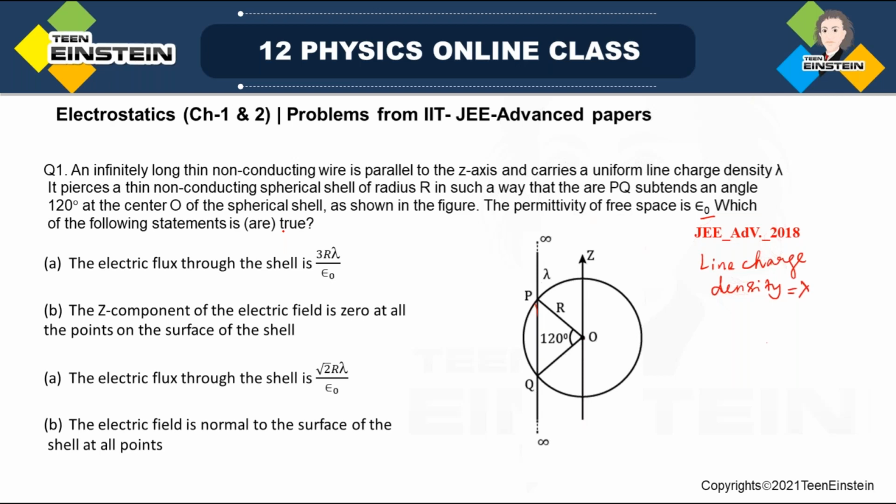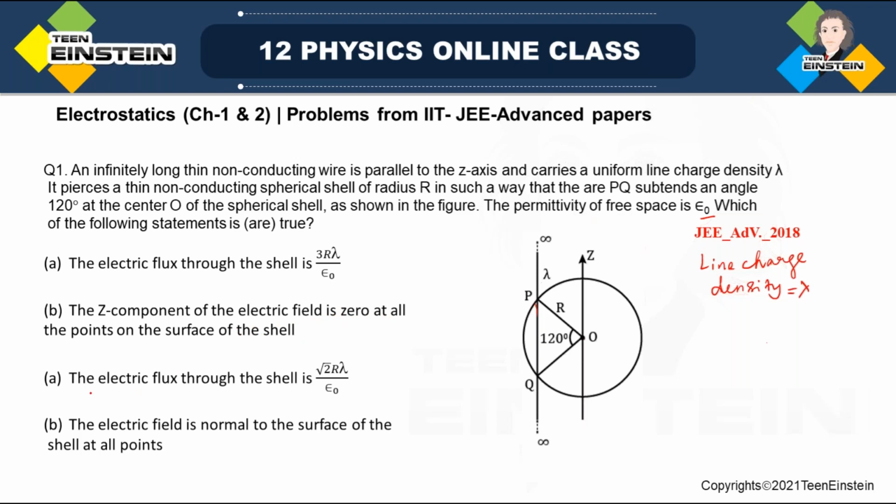So let us first read the options. The first option is: the electric flux through the shell is root 3 R lambda divided by epsilon naught. That means we have to find the electric flux through the shell. Then the second is: the z component of the electric field is 0 at all points on the surface of the shell.